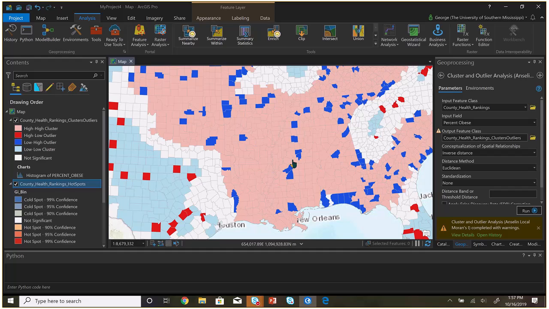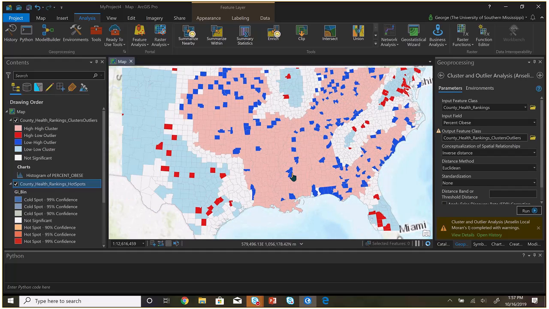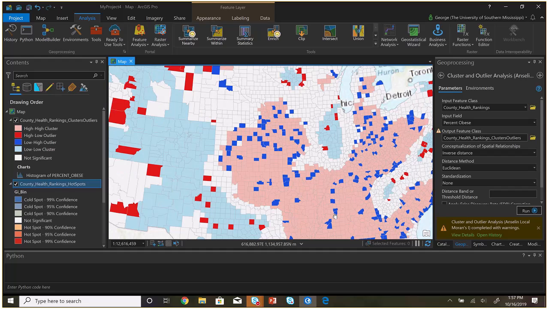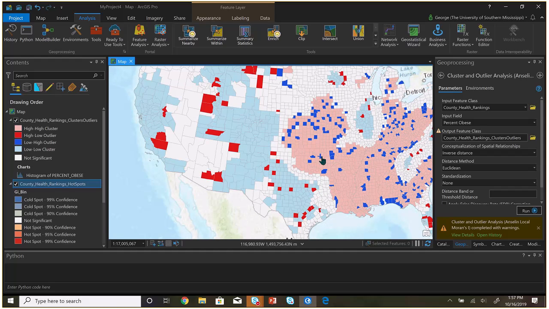So that might be interesting as to why those are different. Well, those are two of the Jackson counties, right? Look at the Florida Gulf Coast here. Yeah, that's the coast here.